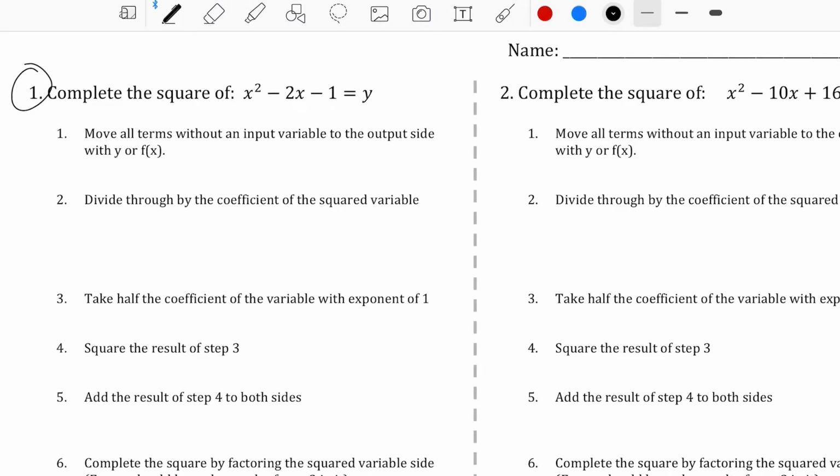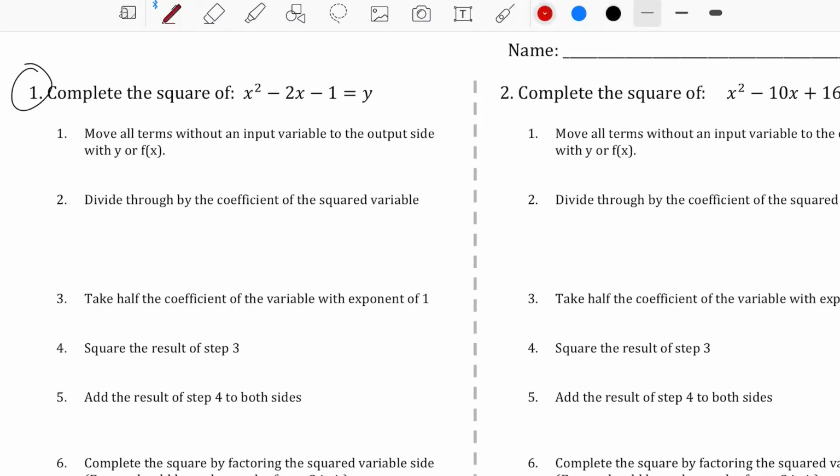Let's look at it. The thing that I like about this assignment is that it takes you through each step, so you really get to know the process of completing the square. The first question says move all terms without an input variable to the output side.